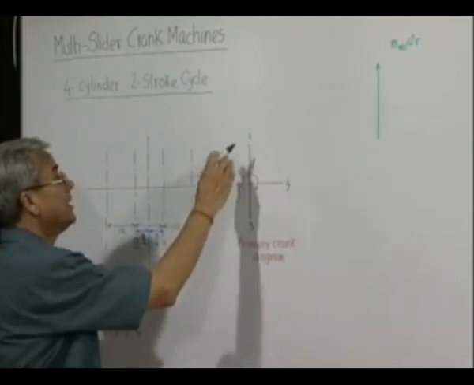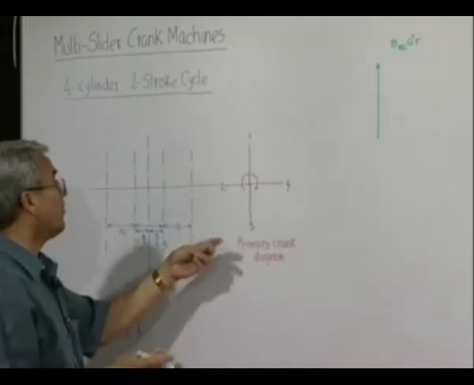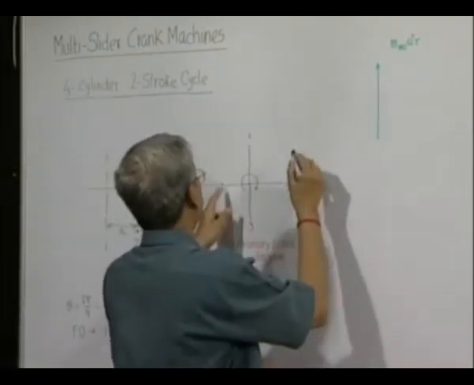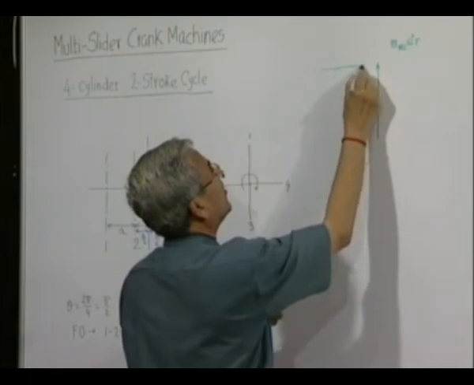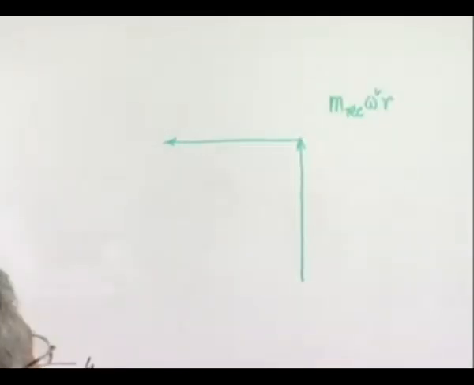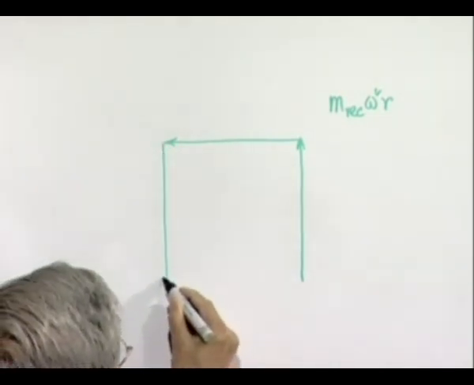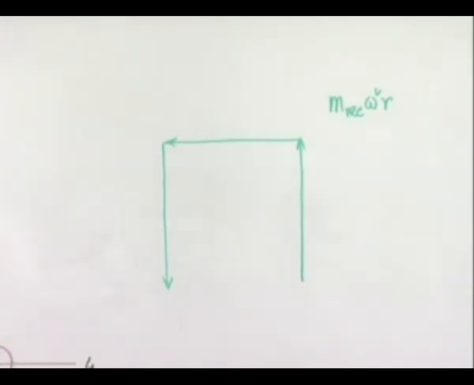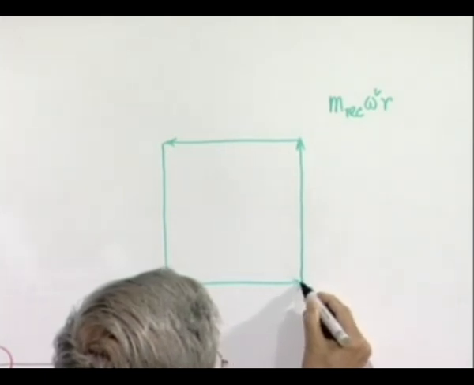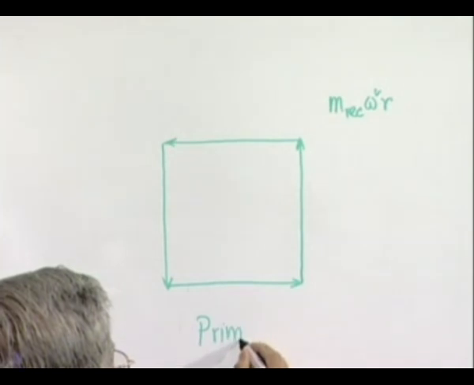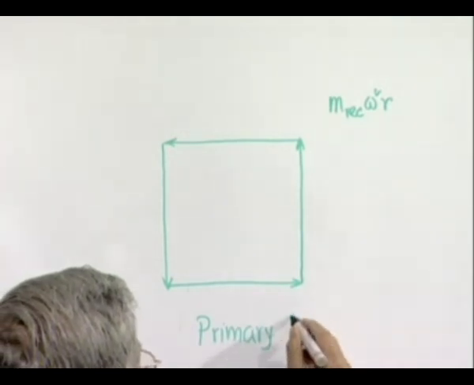Now, if those centrifugal forces themselves are balanced, then obviously their components along any direction will also be balanced. So, for cylinder number 2, the unbalanced force produced is this, of the same magnitude at 90 degrees. The centrifugal force produced by the third cylinder with that mass here will be this, and by the fourth cylinder will be this, and therefore we call it the primary force diagram.